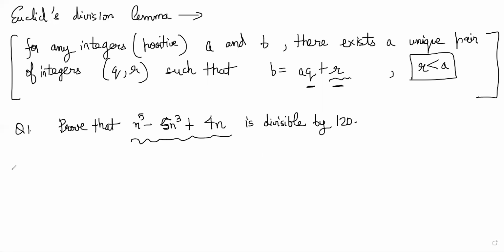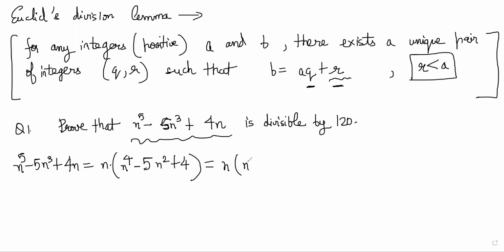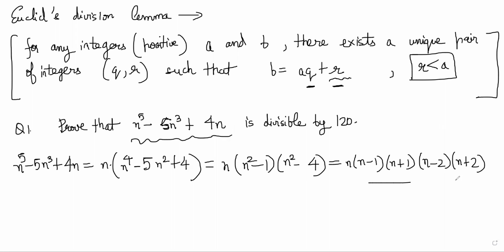If we factorize this, we will get n power 5 minus 5n cube plus 4n is equal to n times n power 4 minus 5n square plus 4, which can be again factorized as n into n square minus 1 and n square minus 4, which can be written as n minus 1, n plus 1, n minus 2, n plus 2, right?